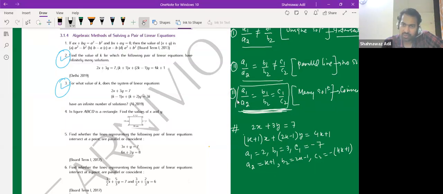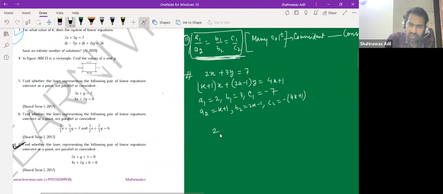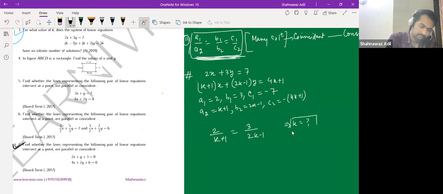You guys use one of the equations and tell me the solution. So we have 2 by k plus 1 equal to 3 by 2k minus 1. Solve this one and tell me the value of k.